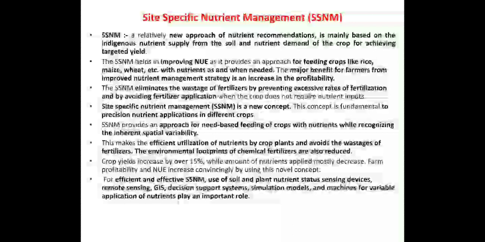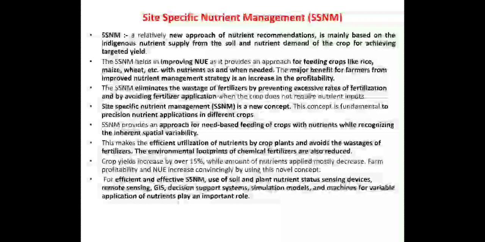Then SSNM provides need-based feeding of the crops with nutrients, and this is the main use of SSNM, that is as per the need or demand of the crops we should supply the crop nutrients. It is also used for efficient utilization of nutrients by crop plants to avoid the wastage of fertilizers, and the environmental footprints of chemical fertilizers are also reduced.